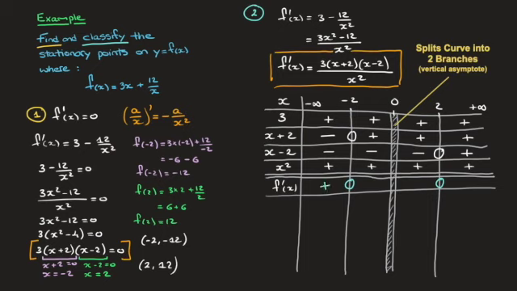For the next cell, that's for x values between 0 and 2, f dash of x will be positive times negative times positive, which again will be negative. And finally, for this last cell, so for x values greater than 2, f dash of x will be positive times positive, which of course is positive. Done. We now know the sign of the derivative for all x values inside its domain.